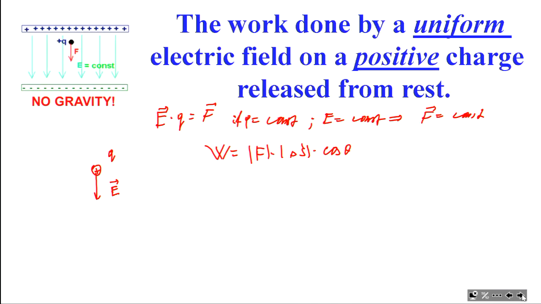We just know that. Now, if we wait for the charge to move to a new location, that's the initial location, that's the final location, this black arrow will represent the displacement.